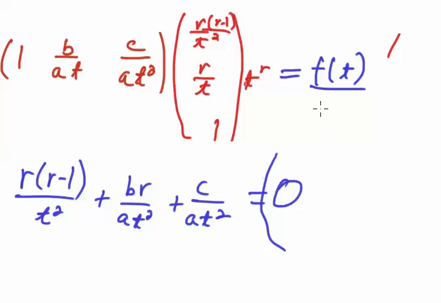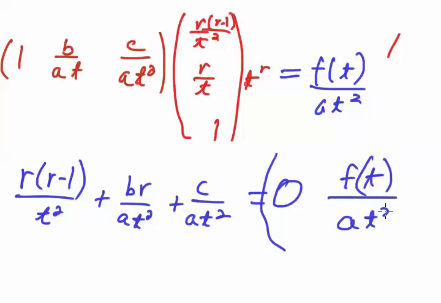At squared, it's going to have to be f of t over at squared to get our particular solution. Let me try to write that in a more technically correct notation.